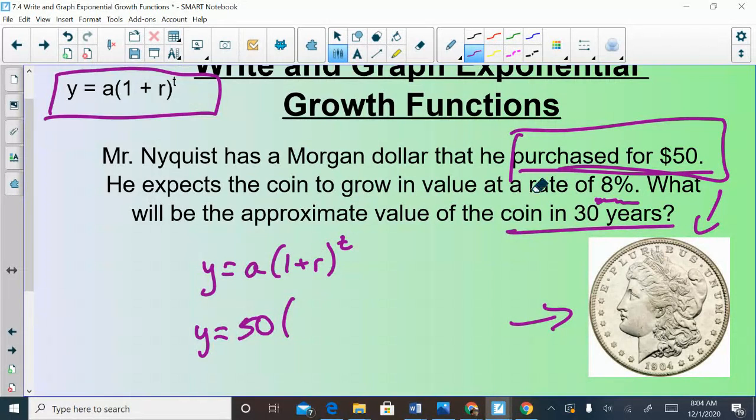But remember, you do have to turn the rate into a decimal. Currently, it's in a percent, 8%. Remember, you move the decimal place over twice to turn a percentage into a decimal. So you go 1, 2. 8% is 0.08. So you do 1 plus 0.08. And T is time. This would be 30 years.